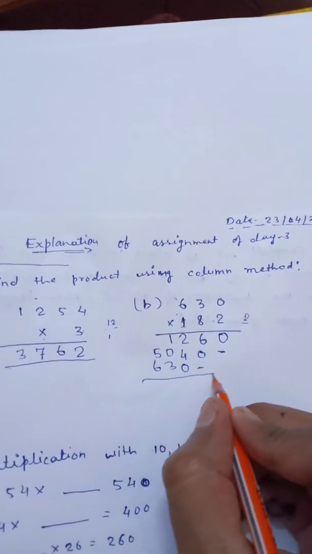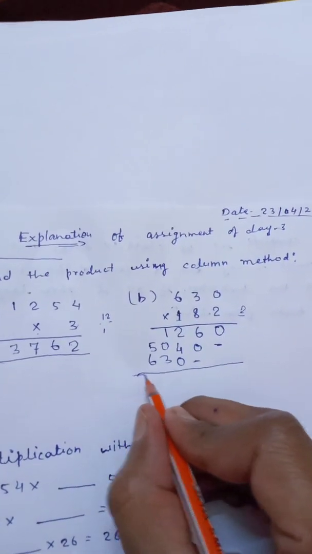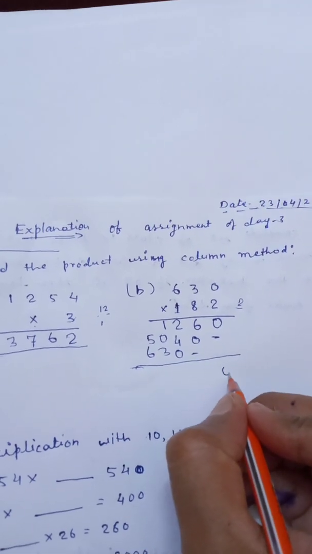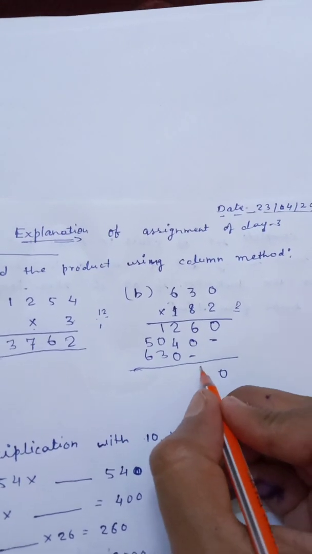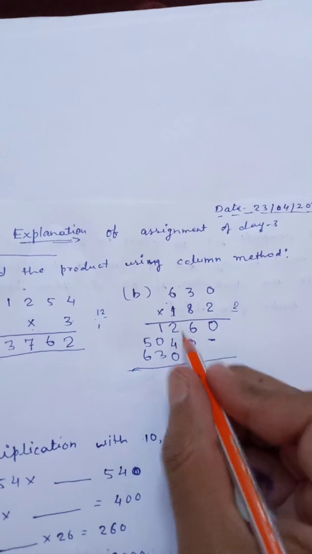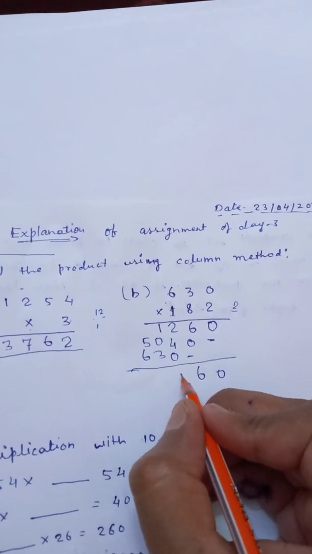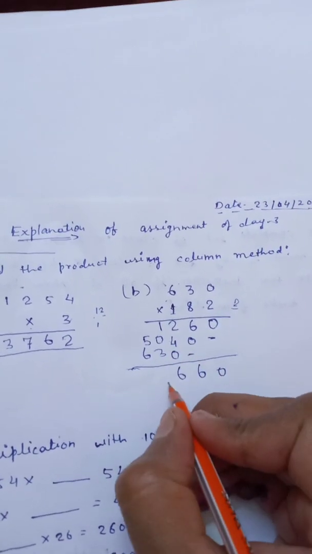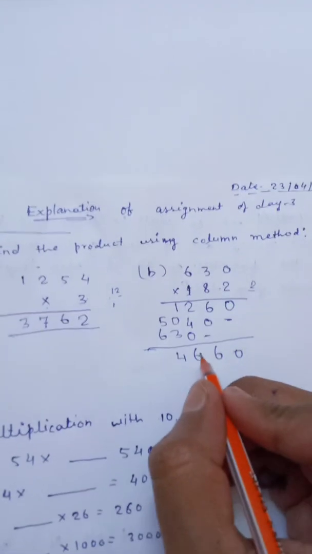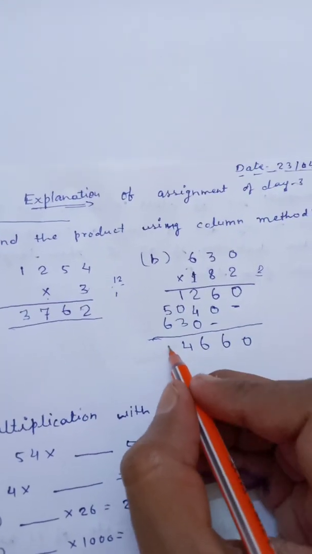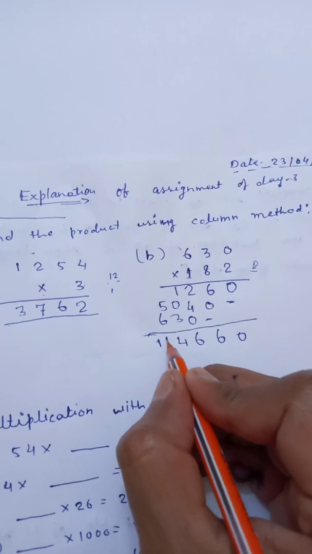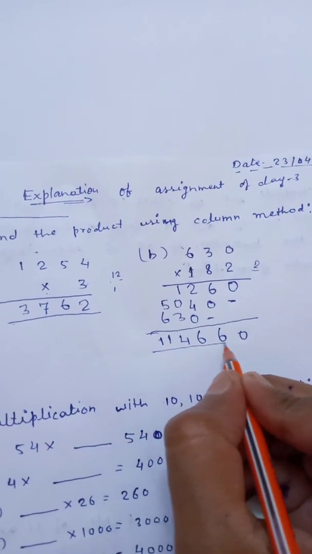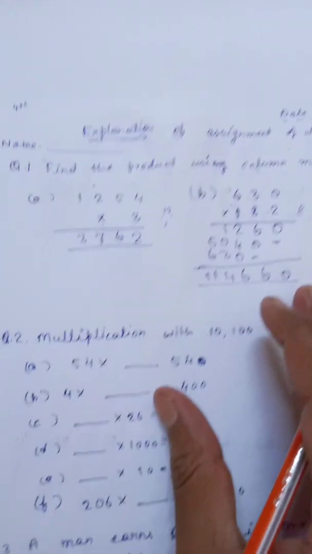Now the next step is to add all these numbers. So 0, here we will write 6, 2 and 4 is 6, 6 and 0 is 6, 3 and 1 is 4, and 6 plus 5 is 11. So this is our answer for question number B.